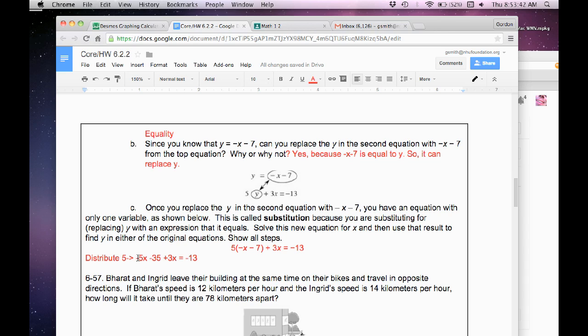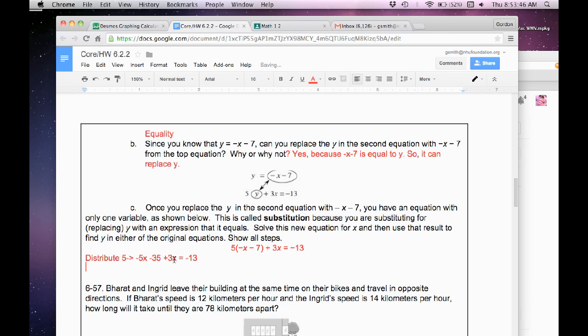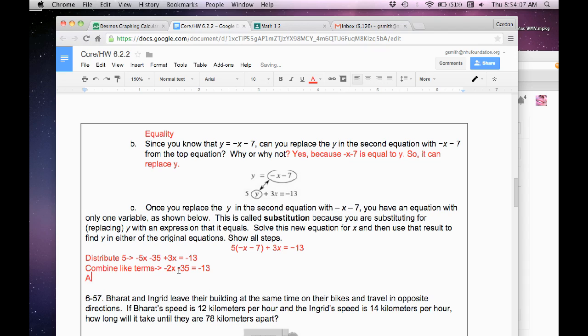Next, I'm going to combine like terms. I'm going to combine this negative 5x with this plus 3x. That gets us negative 5x plus 3x, which is negative 2x, minus 35 is equal to negative 13. Now we're trying to get x alone, so we'll add 35 to both sides.